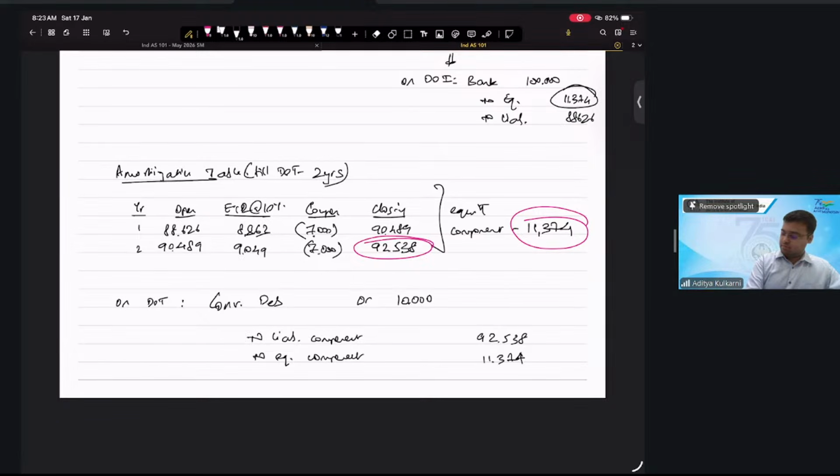Yes. The difference of 3,912, where will this go? Retained earnings. Yes or no? Yes. Any doubt so far? No. Clear. Why am I getting a difference of 3,912?